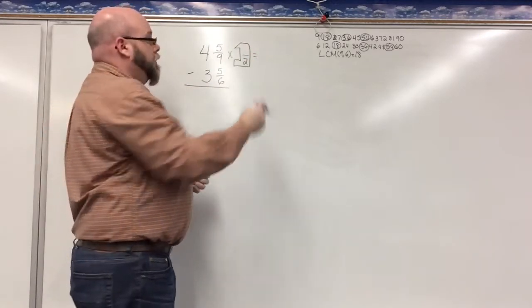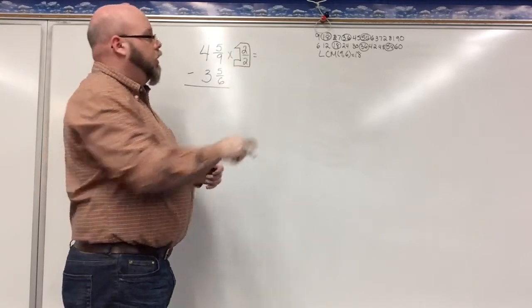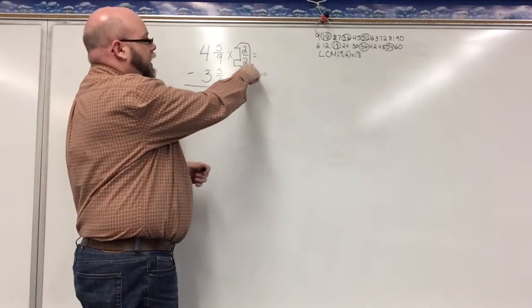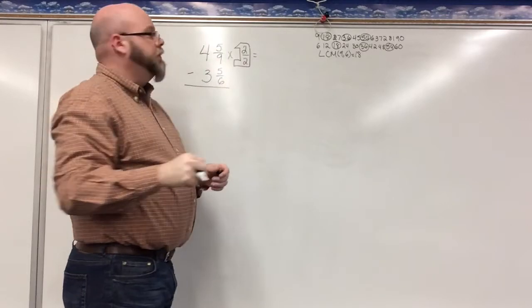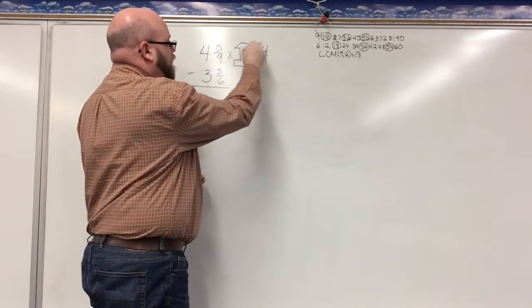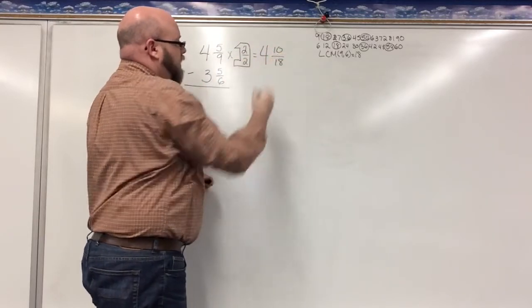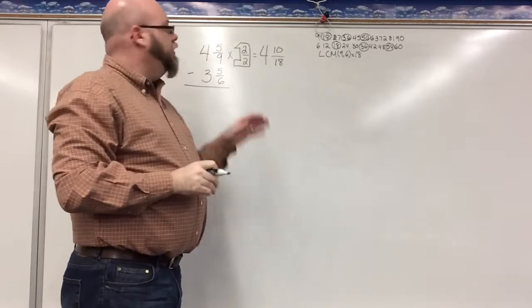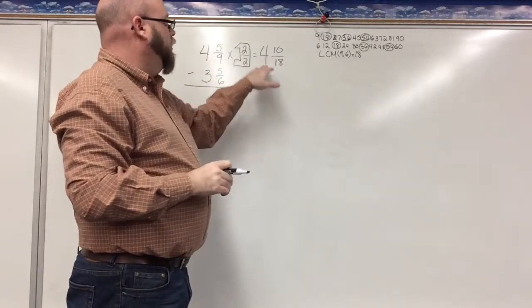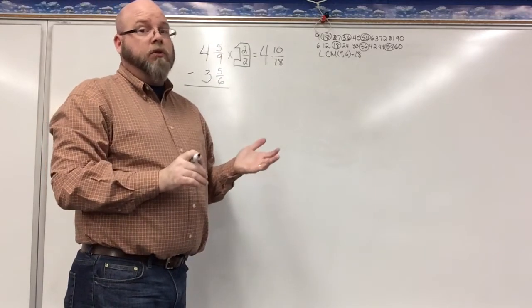So there's my denominator. So it's going to be 2 over 2 is my fraction equal to 1. Whatever I multiply the bottom number by, I must also do it to the top number. 4 times 1 is 4. 5 times 2 is 10. 9 times 2 is 18. So we've renamed 4 and 5 ninths to 4 and 10 eighteenths. Not changed its value, just given it a new name.